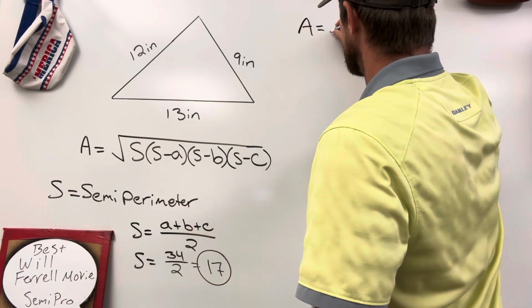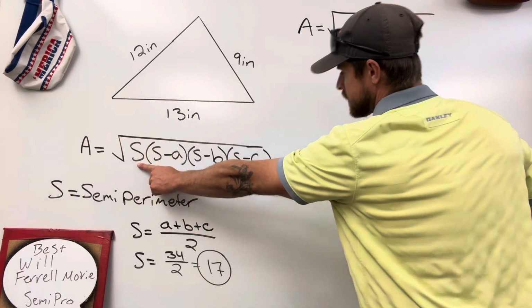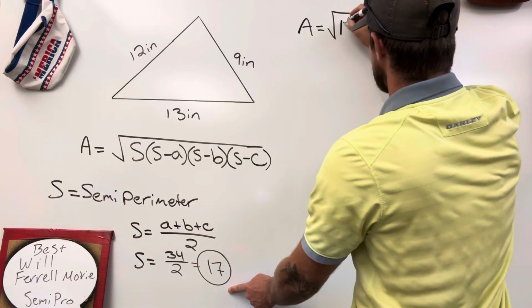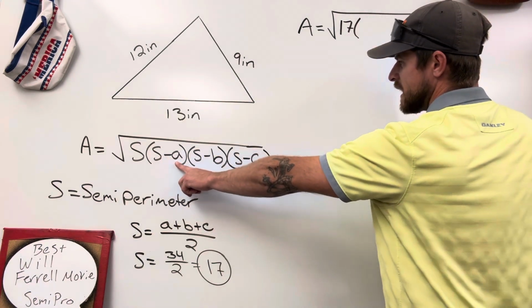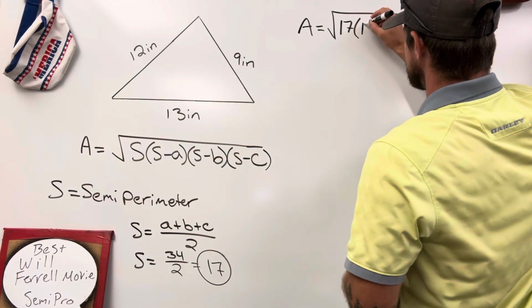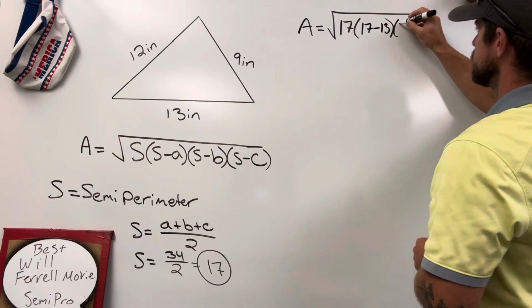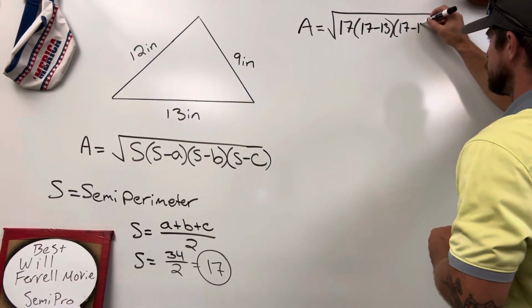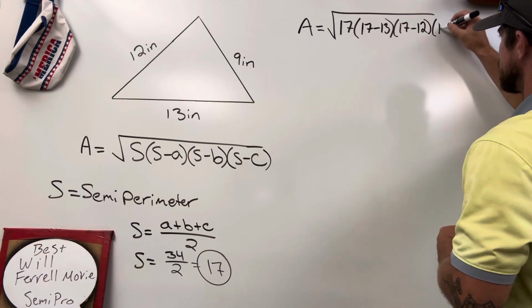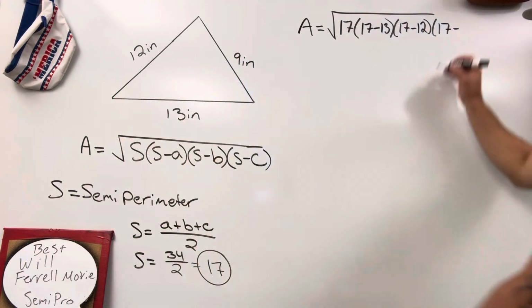Area equals square root of S, semi-perimeter, 17 times 17 minus A. Remember my A was 13. 17 minus 13 times 17 minus B, 12 times 17 minus C, which is 9.